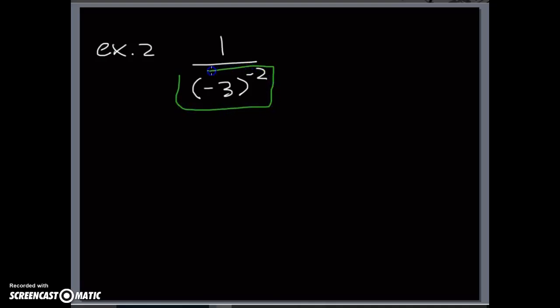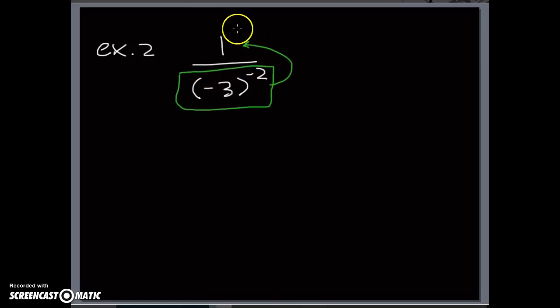Example number 2. So let's say we've got 1 over negative 3 to the negative second power. My first step here is going to be to box the base and the negative exponent. So the base here is negative 3 and the exponent is negative 2. Now to convert this into a positive exponent, I'm going to move it over the fraction line.